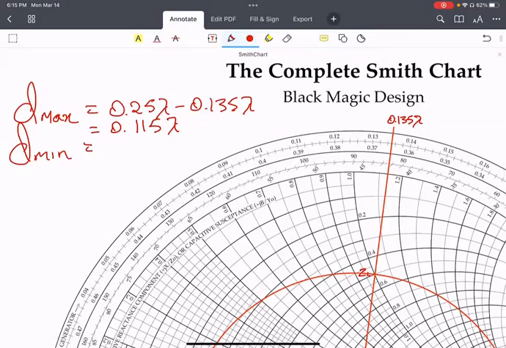And what would D min be then? 0.365. Yep. So it'd be D max plus 0.25 lambda equals 0.365 lambda.